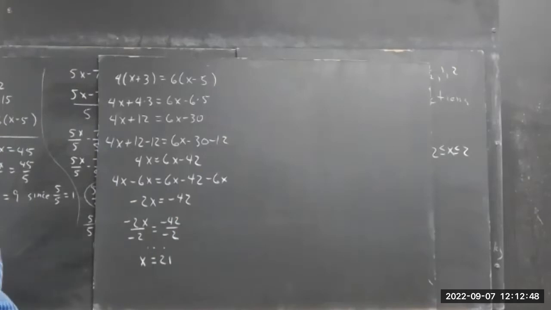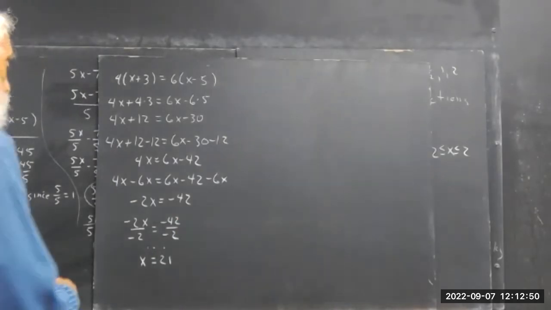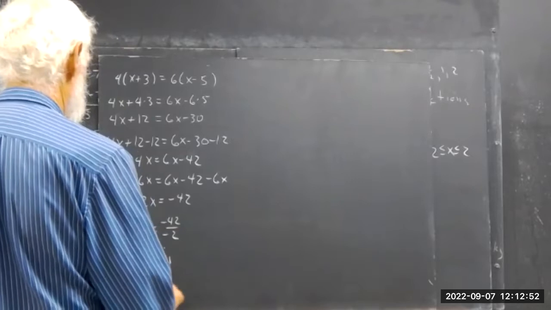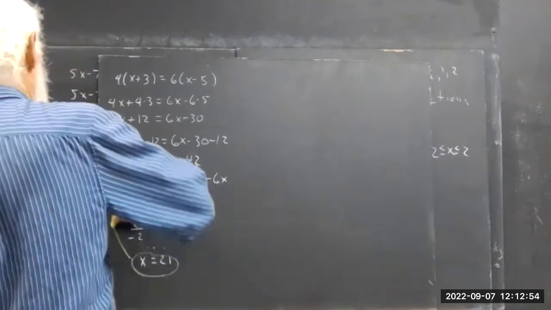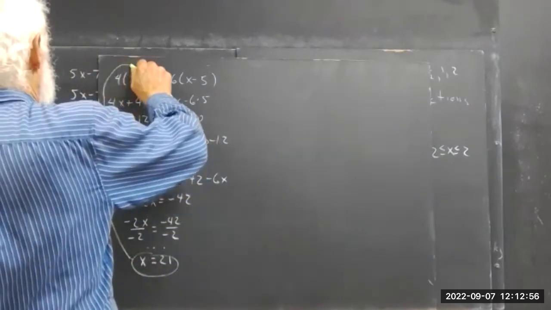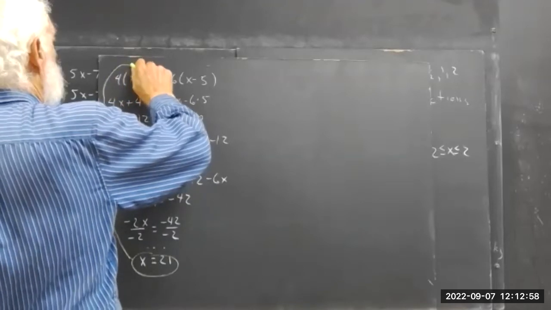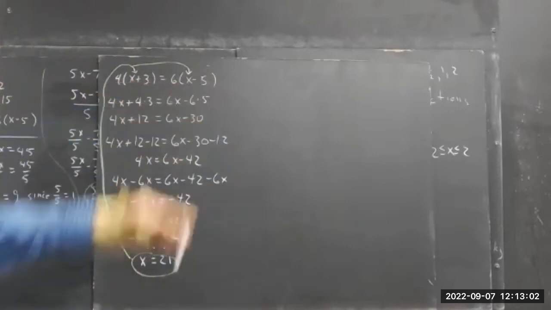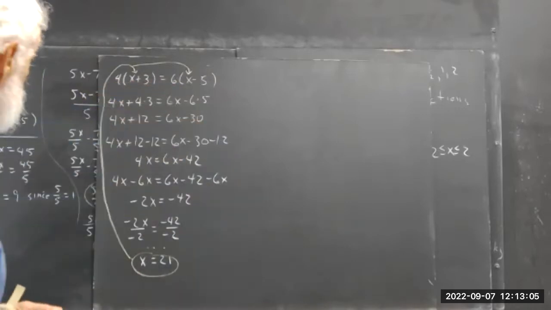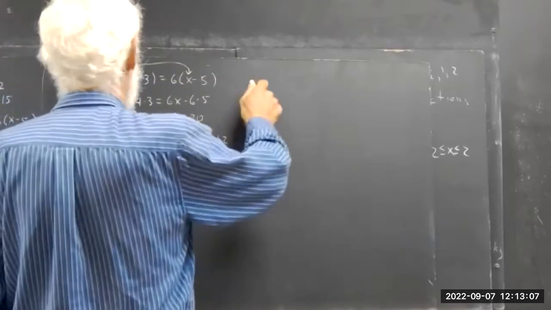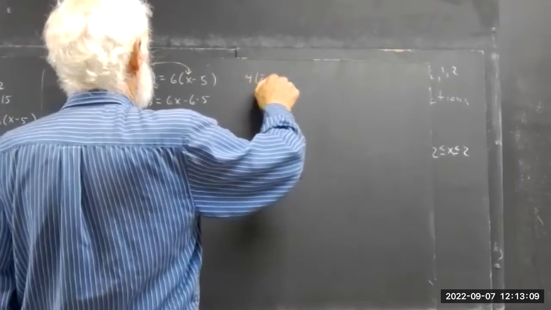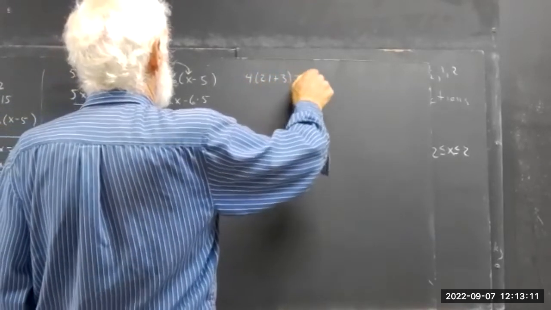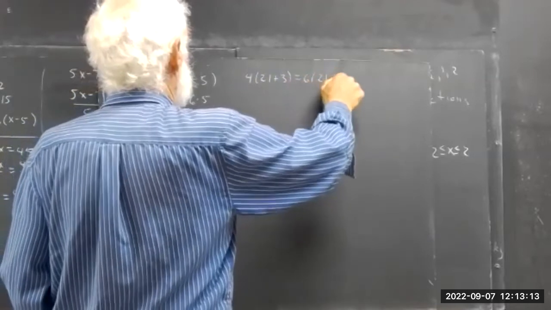Then what do we do? We bring that value of x up here and replace all the x's by 21. Then we get 4 times 21 plus 3 equals 6 times 21 minus 5.